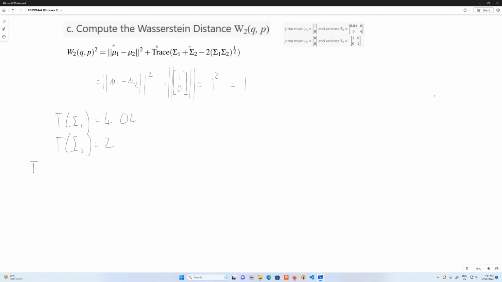Now this third trace is slightly more complicated. So what I'm looking for is the trace of -2, and we've got a matrix multiplication here in the brackets, and we want the square root of that. So let's bring the -2 out of the brackets, and we will find the trace of the product of this matrix multiplication, like so.